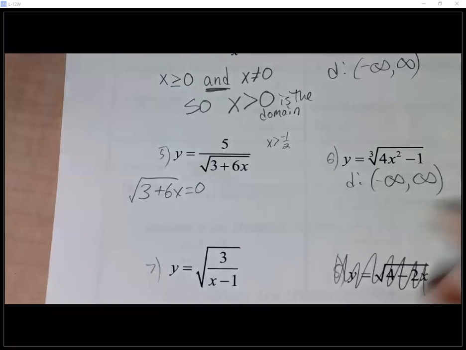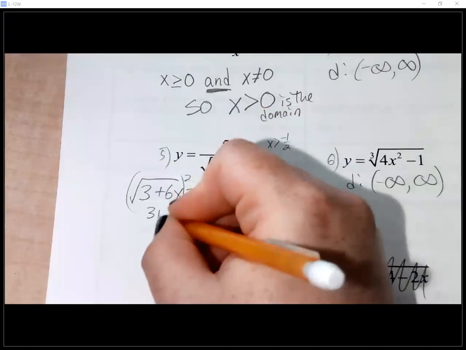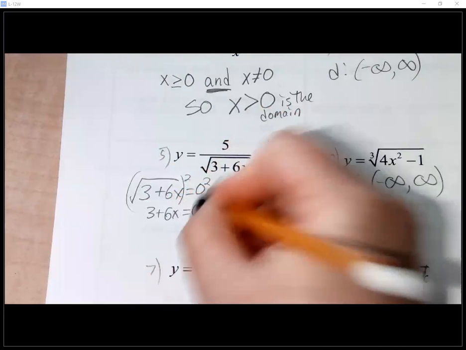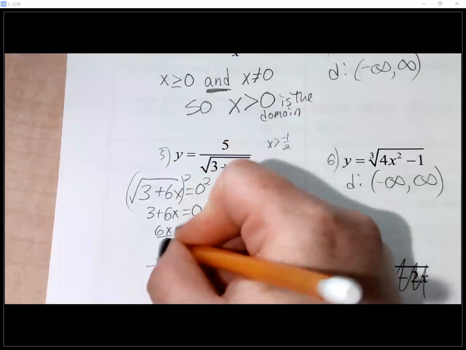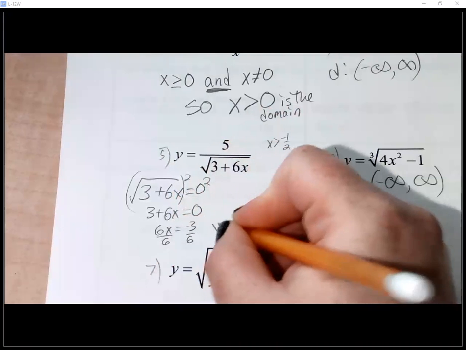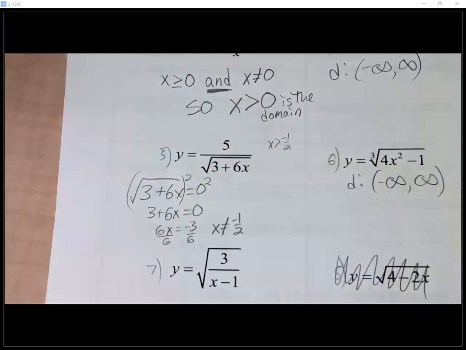So I can square both sides. 3 plus 6x, 0 squared is 0, minus the 3, divide by the 6. So I know that x is never allowed to be -1/2. That would make the denominator turn into a 0, and that's a big problem.